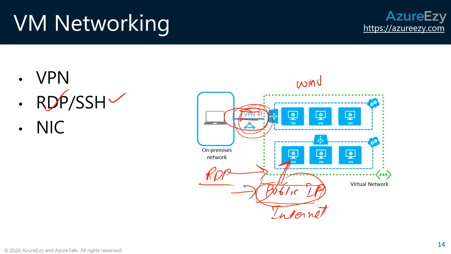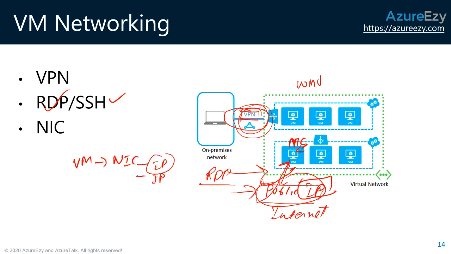NIC card is one of the things which, when you create an IP, when you have an IP address, the VM internally creates a NIC card. Again, if you are asking how relevant it is from the developer point of view, I would say you should be aware that any IP you create and associate with a VM gets associated with a NIC card. So the VM has a NIC card, and this NIC card has IPs.